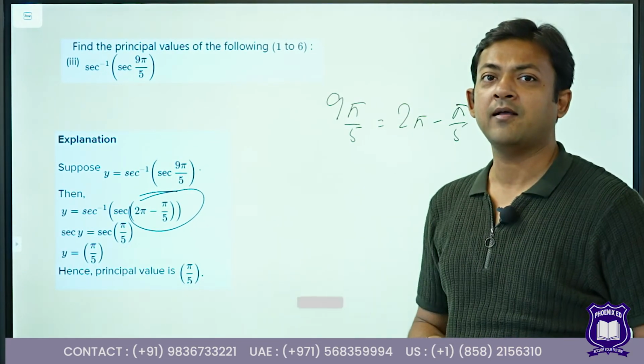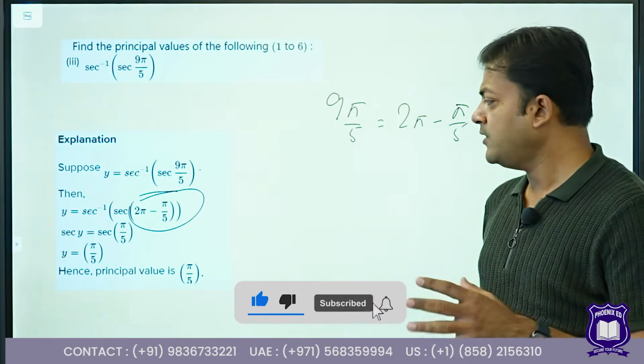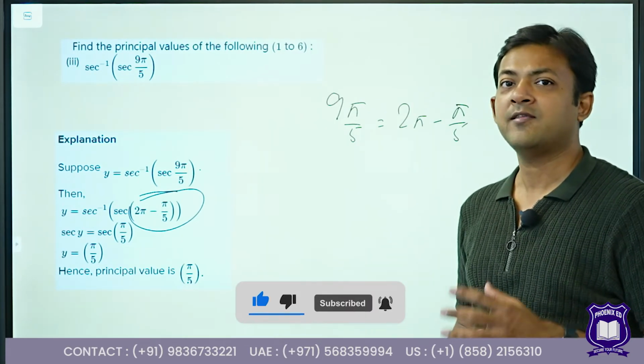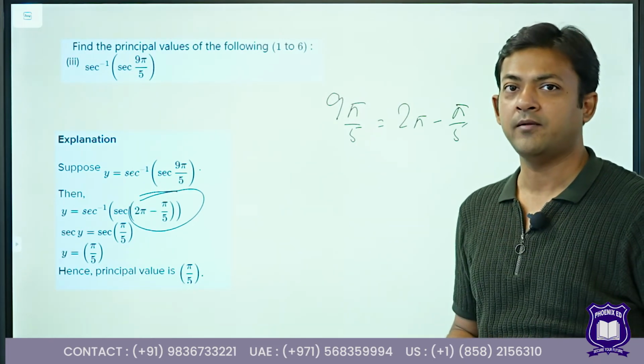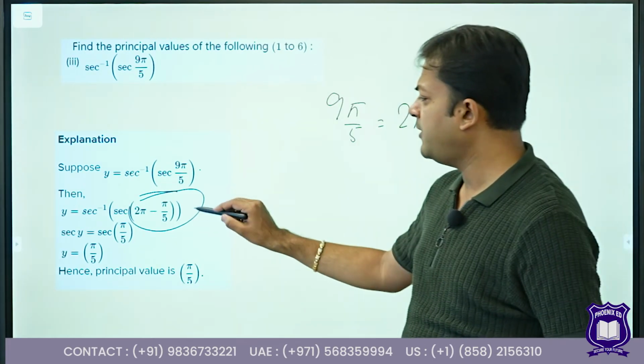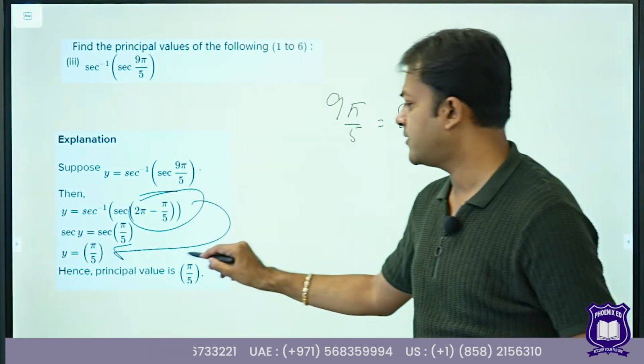Needless to say, this angle lies in the fourth quadrant. In the fourth quadrant, the value of sec theta has to be positive, as it is the quadrant of cosine. Hence, simplifying this, we get the value as pi by 5, and that's my answer.